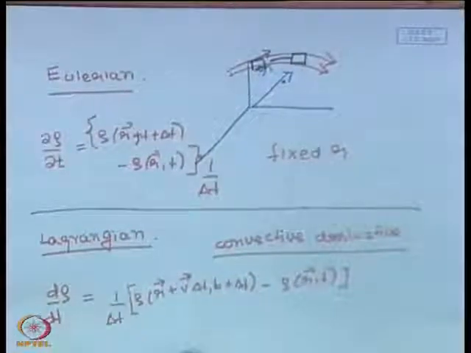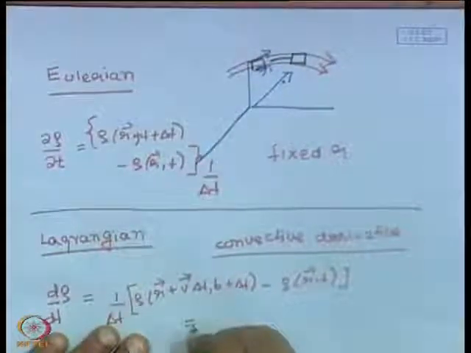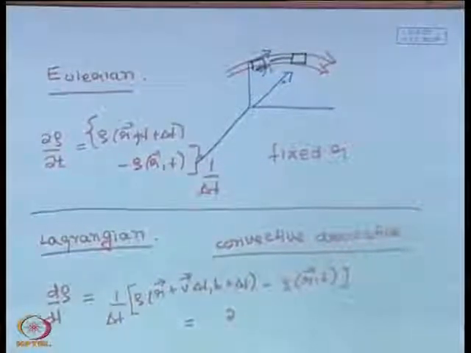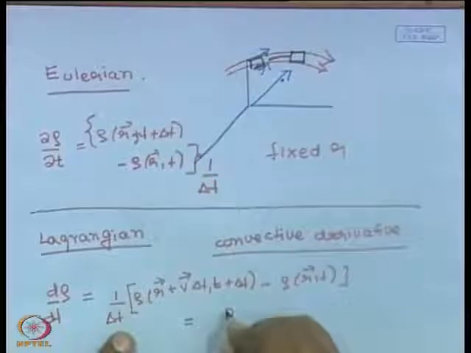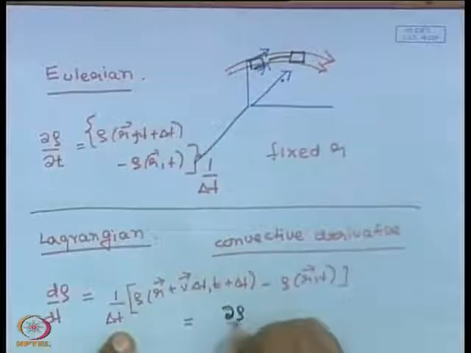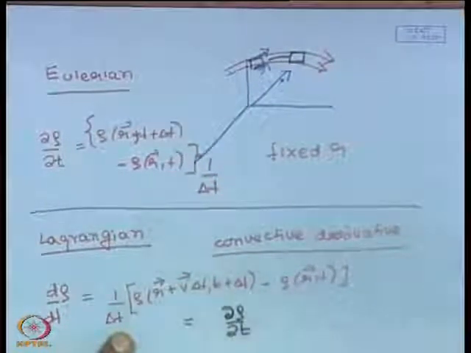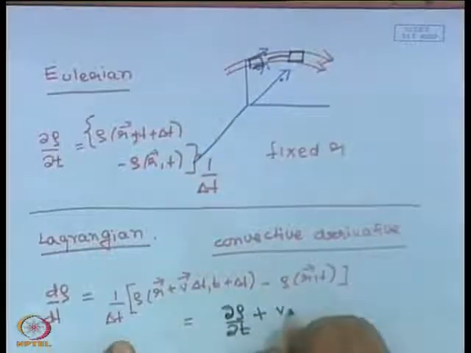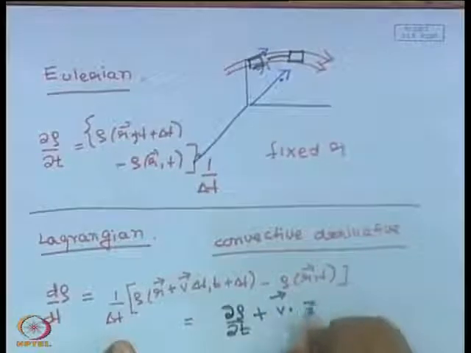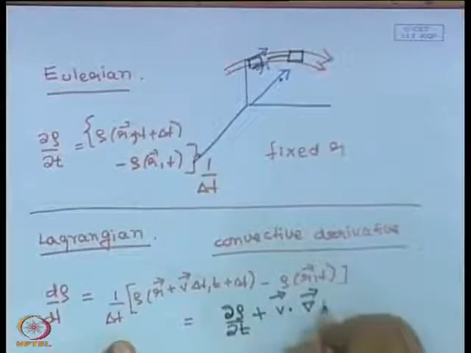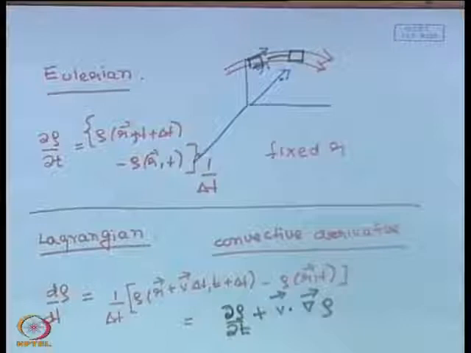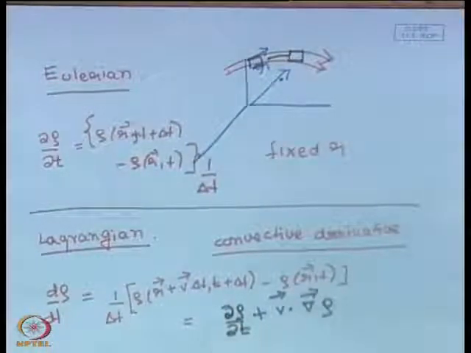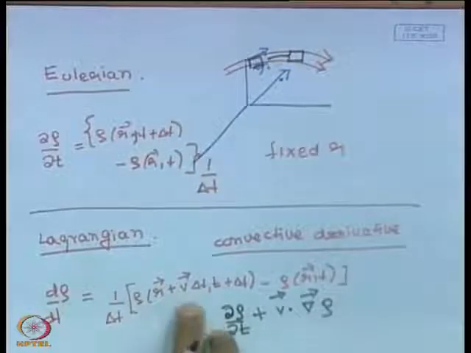The first term will be del rho del t, the partial derivative at a fixed r, that will be one term, and there will be one more term which is v dot grad rho, right. So, the spatial variation in rho at a fixed time will also come in because the r has changed.